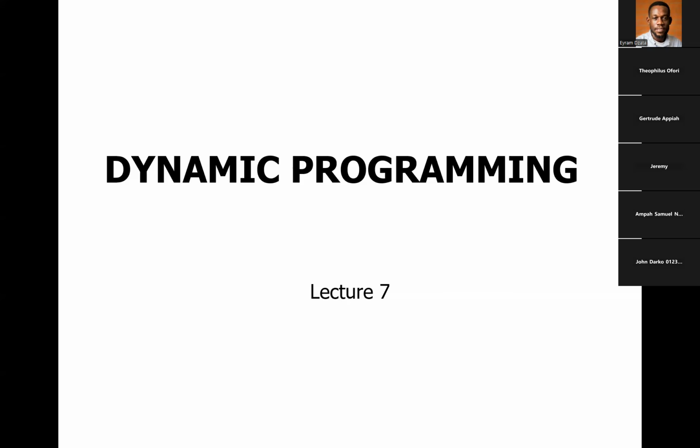It's one of the hard problems to solve, and it's mostly used as interview questions in a programming or problem solving space for computer science students. Okay, so let's go into it.